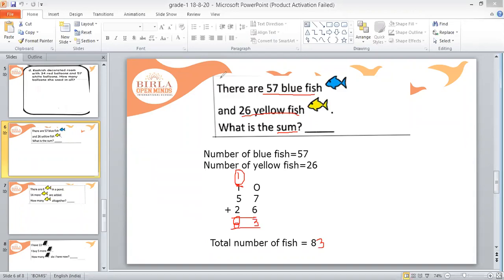Come on, children, finish this word problem fast. And always remember this thing, sum means total.